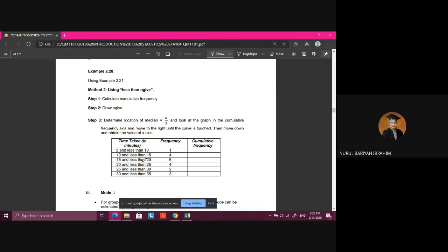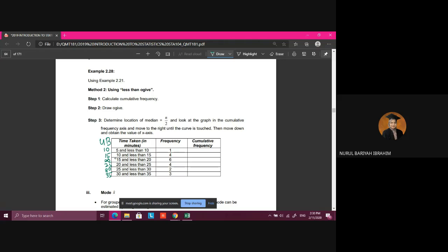Using that, you can draw the ogive. If you look at the table here, the type of interval is overlapping: 5, 10, 10, 15. We need the upper boundaries to draw the ogive. So the upper boundaries will be 10, 15, 20, 25, 30 and 35.